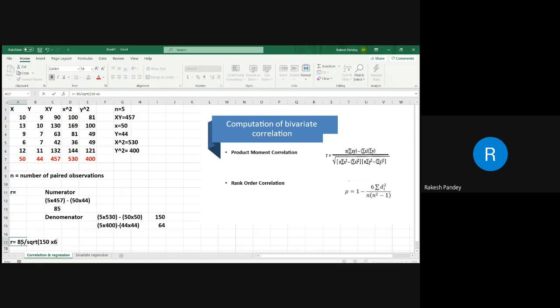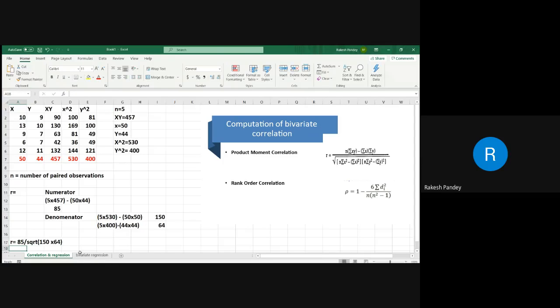I have done all the computation. I have computed this at one time. The x term one time, that is 150, and this term another computation, 64. So this is the value of R.